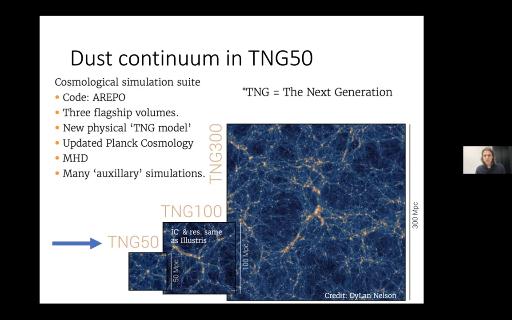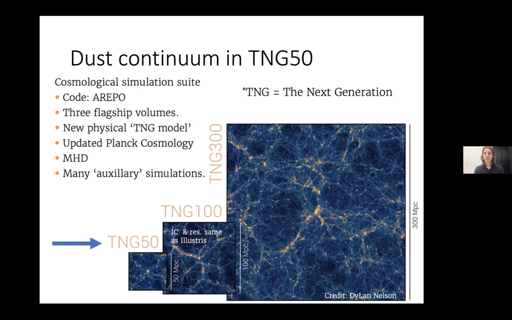But what I want to focus on here is that this simulation comes in three flavors: TNG300, TNG100, and TNG50. TNG300 means a much larger simulated box at a decent resolution. TNG100 is a slightly smaller box at an increased mass resolution, and TNG50 is again an even smaller box, but with a mass resolution similar to zoom-in simulations.